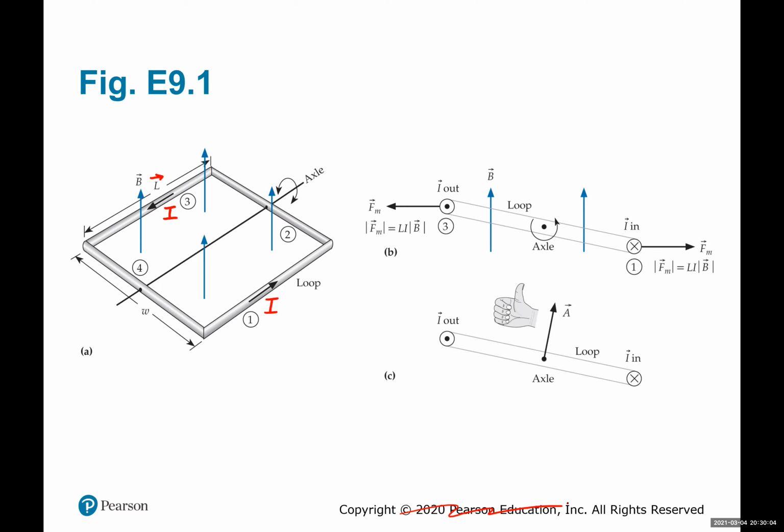If this orientation is fixed but free to rotate around an axle, then let's talk about the FB equals I L cross B kind of force that we were just examining.